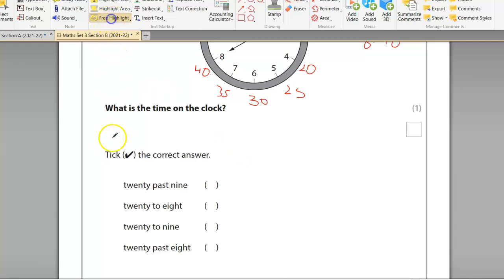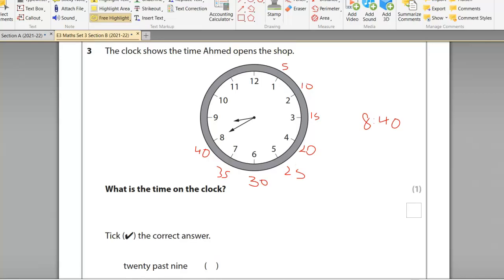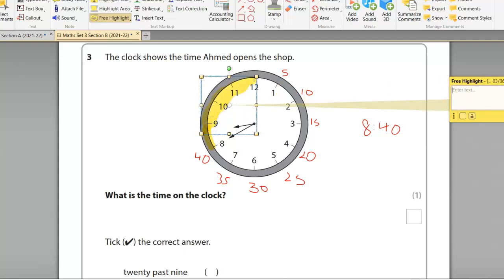And 8:40 is the same as 20 to 9. And the reason it's the same as 20 to 9 is because we've got 5, 10, 15, 20. So we've got 20 minutes there, look, to the next hour.